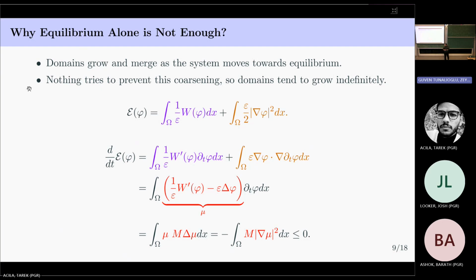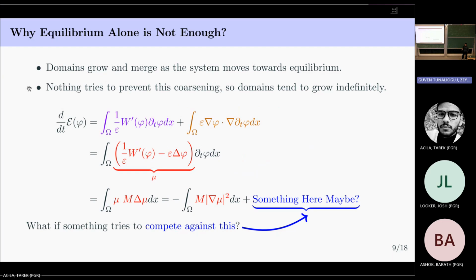Okay, so it's evident that it is the force with the mobility constant that is driving the decrease of the energy. Okay, so the idea is, what if I can introduce something that will compete with this force? Okay, instead of trying to merge all the domains, I will try to introduce something that will provide these complex little domains for me.